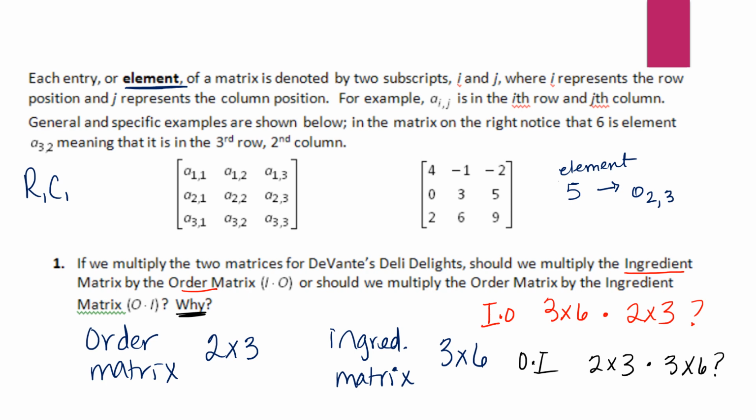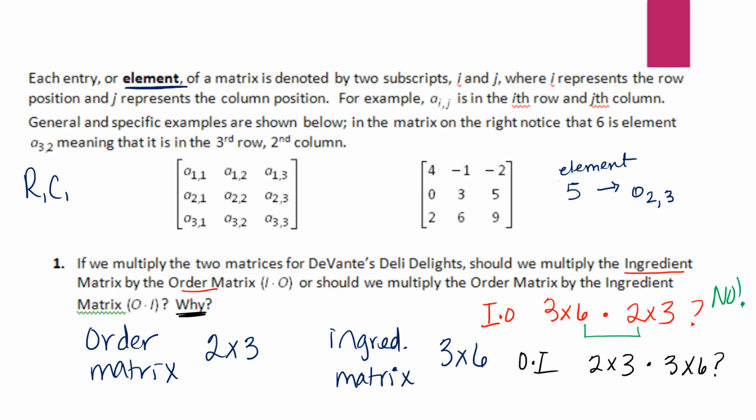So this is asking you to remember what you've just practiced in several of the other examples and we've discussed thoroughly. So we're going to check the ingredient matrix multiplied by the order. Do the columns of the ingredient matrix match the rows of the order matrix? No, so you cannot multiply.